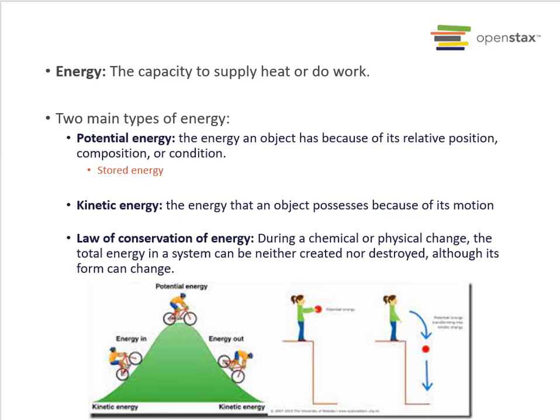So what is energy? Energy is the capacity to supply heat or do work. There are two main types of energy: potential energy and kinetic energy. Potential energy is the energy that an object has because of its position, composition, or condition.